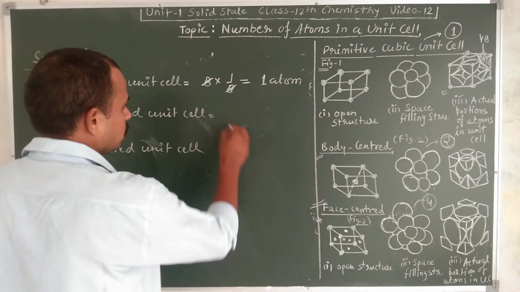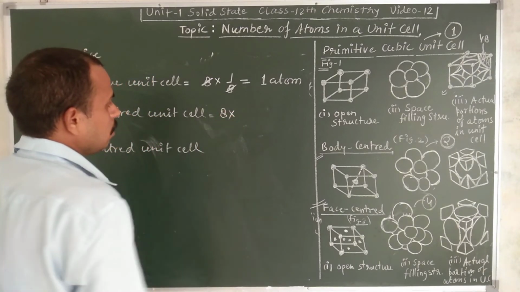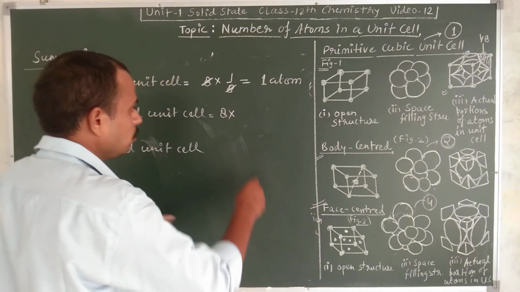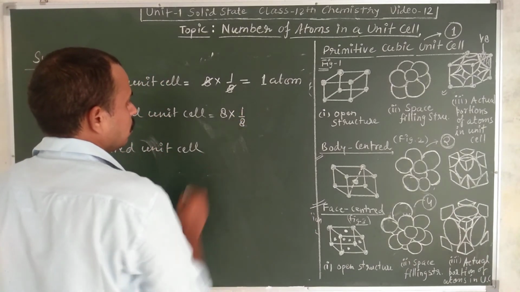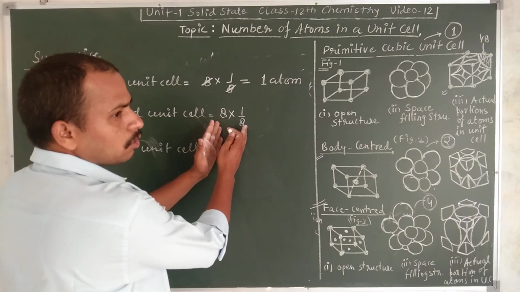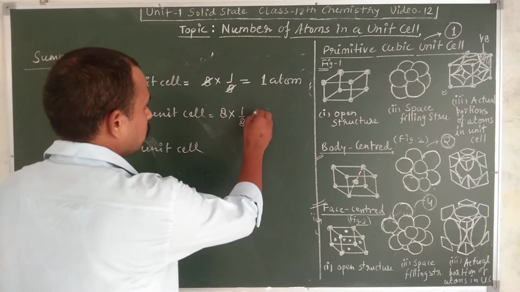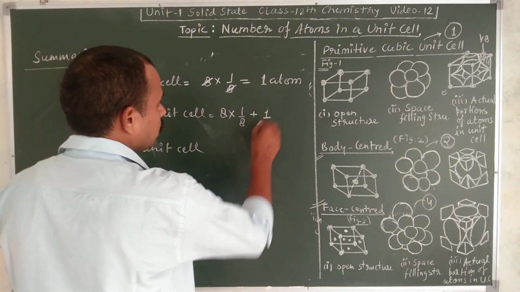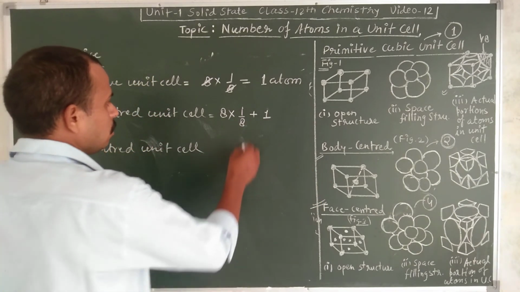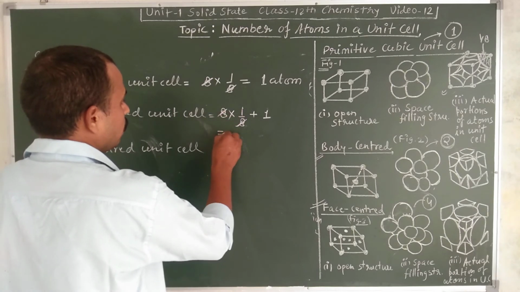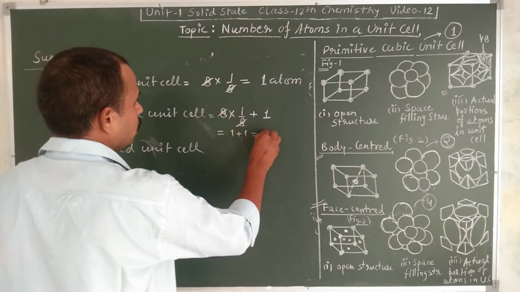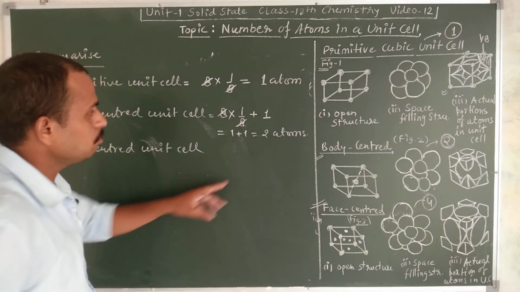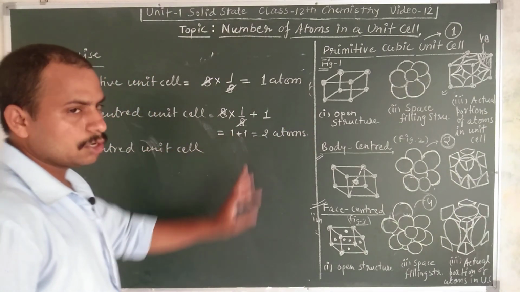So at corners 8 particles, portion 1/8, and one particle inside the body. So 1 plus 1, that is 2 atoms present in the body centered.